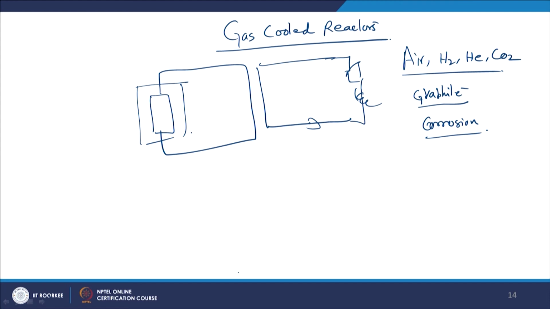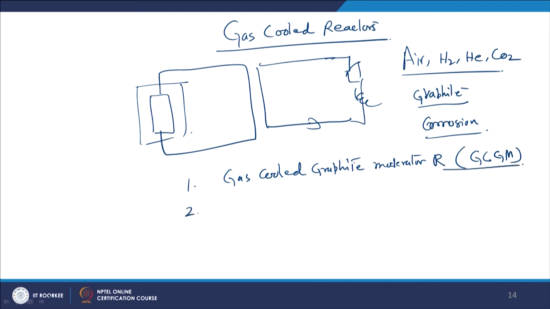There are two types of gas cooled reactors. One is the gas cooled graphite moderator reactor, and another is the high temperature gas cooled reactor.